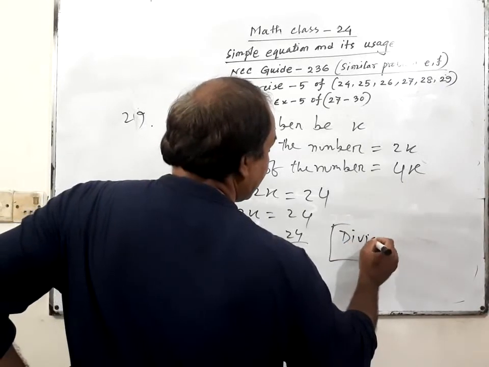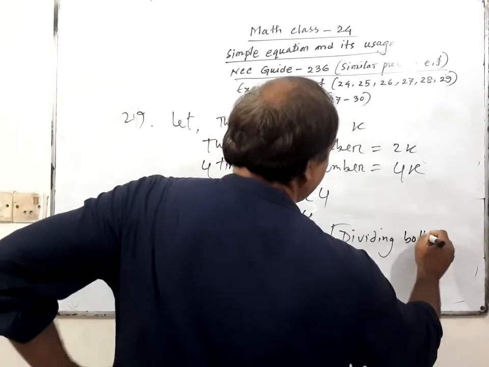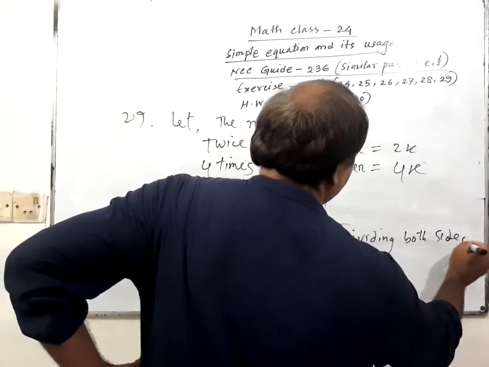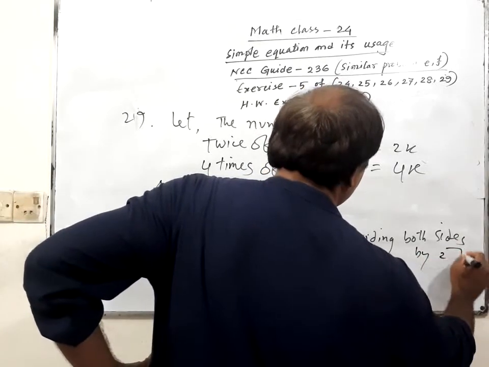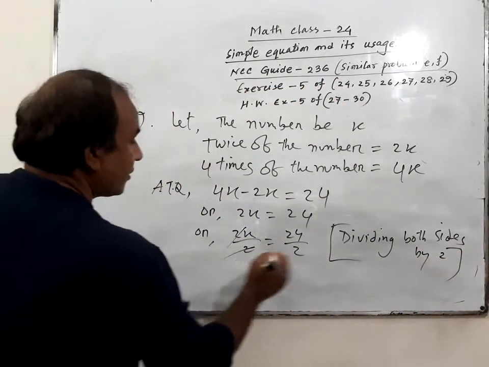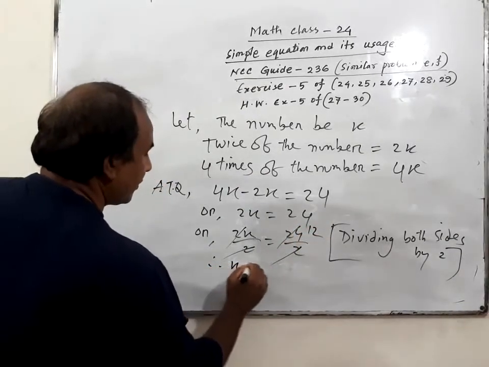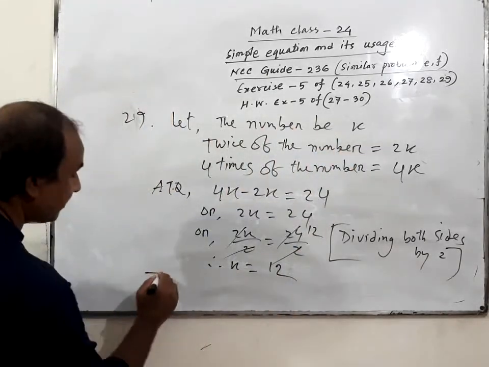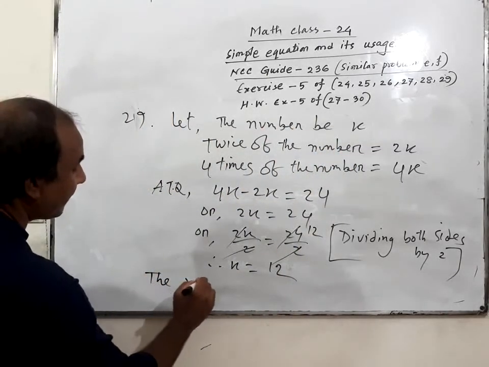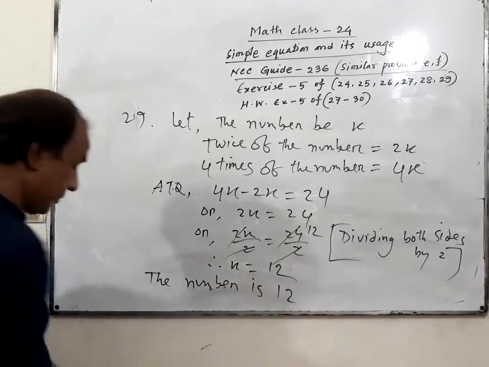Dividing both sides by 2, so 12, so x is equal to 12. The number is 12.